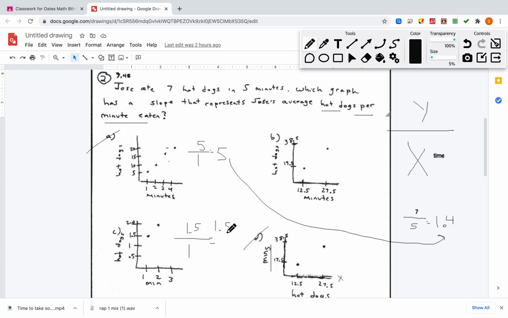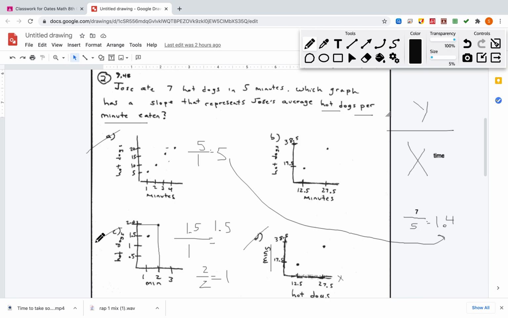That doesn't match up because it's supposed to be 1.4, but I'm going to check this second point just to make sure I didn't make a mistake. The second point is at 2, and y is at 2. So 2 over 2 is going to be 1. That doesn't match. So I know definitely that C is going to be wrong.